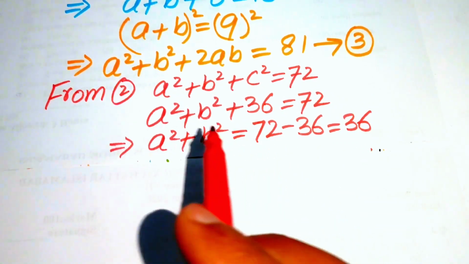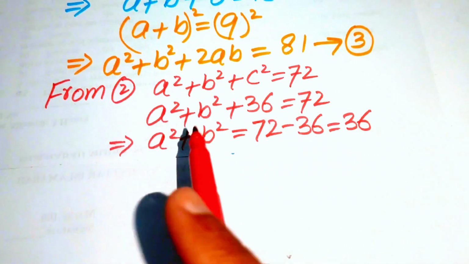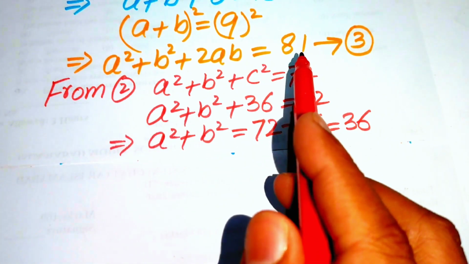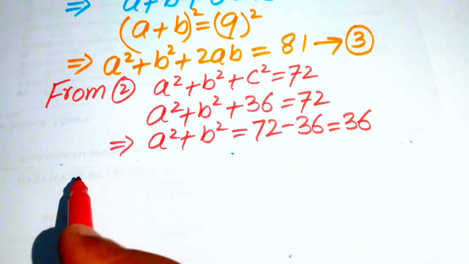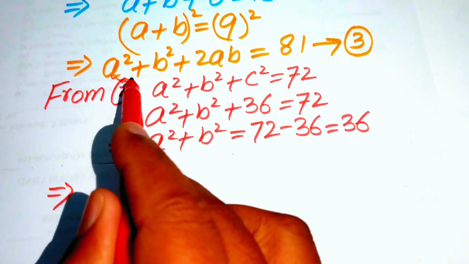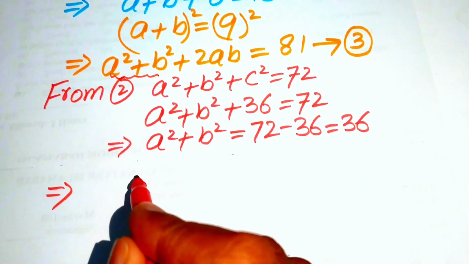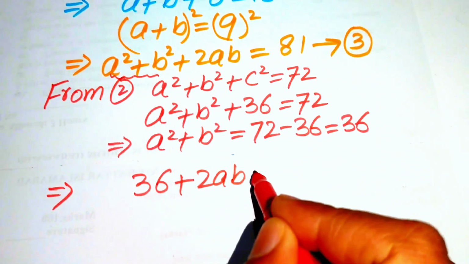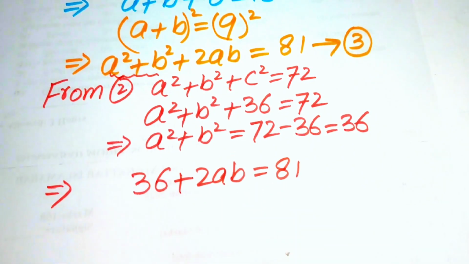In the next step we put the value of a square plus b square into equation number 3, and we get 36 plus 2 times ab equals 81.